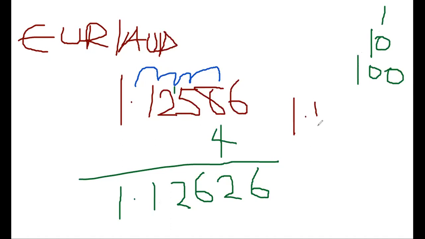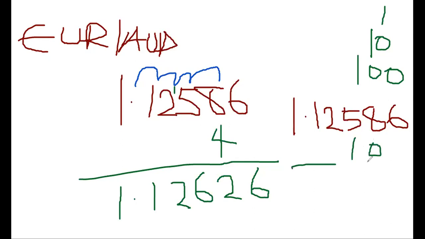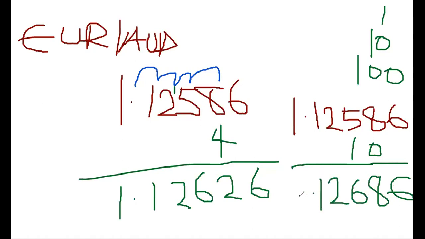That'll be 1.12586. Mr. Emmanuel is supposed to come here and add 10 pips to this. I expect Mr. Emmanuel to now come here and put 1 and 0 here. 8 plus 0 is 8. 5 plus 1 is 6. 2 comes down. You have 1.1. Mr. Emmanuel has added 10 to that.